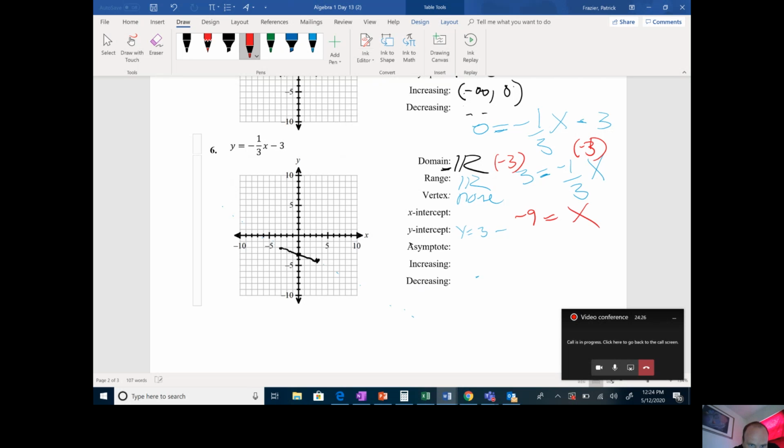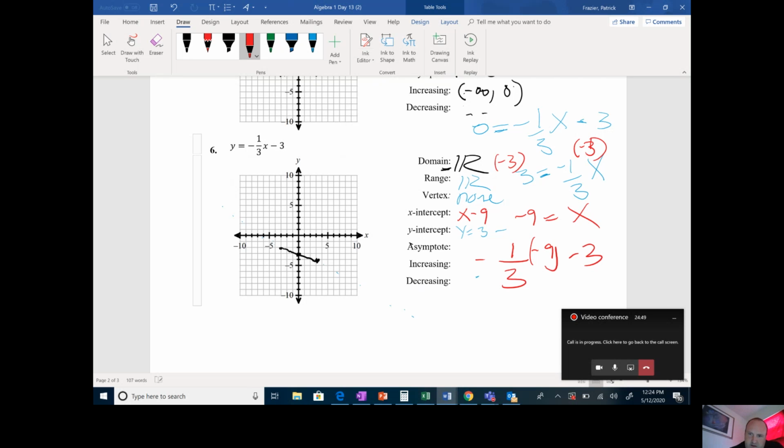So when x equals -9, y equals 0, and we can test that real quick. -1/3 times -9 minus 3.